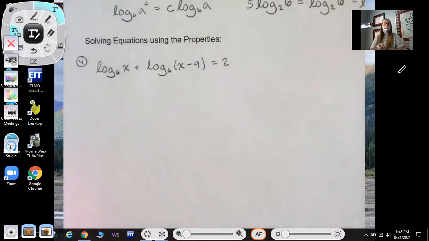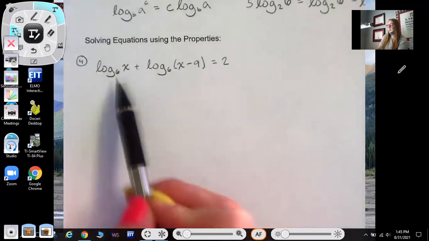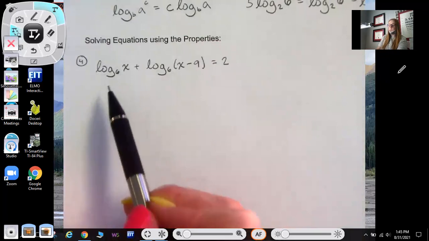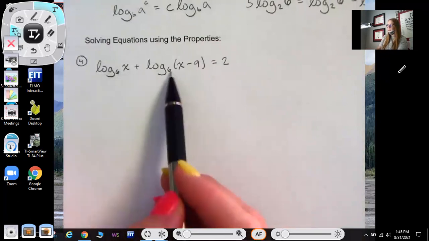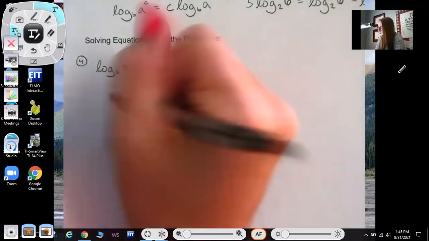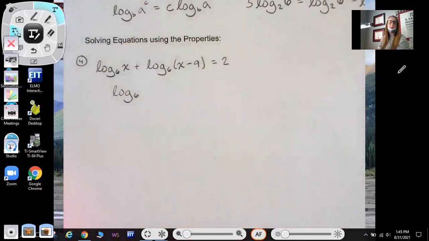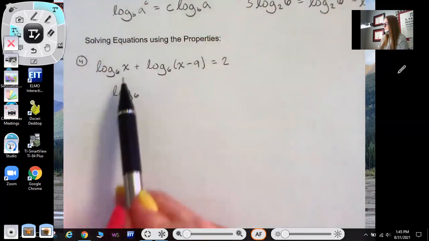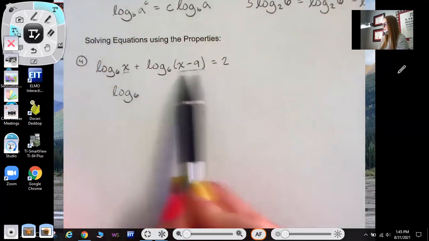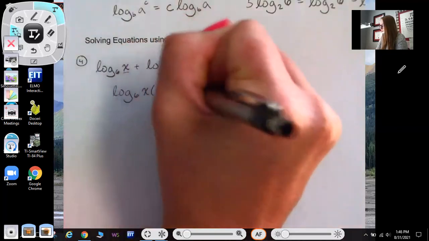Okay, first thing that sticks out to me is we have two logarithms being added together. As long as they have the same base, which they do, they both have a base of 6, we can combine these logarithms into one. When we do that, the base stays the same, so it's still log base 6. But then we take x and x minus 9 and we multiply, so x times x minus 9.